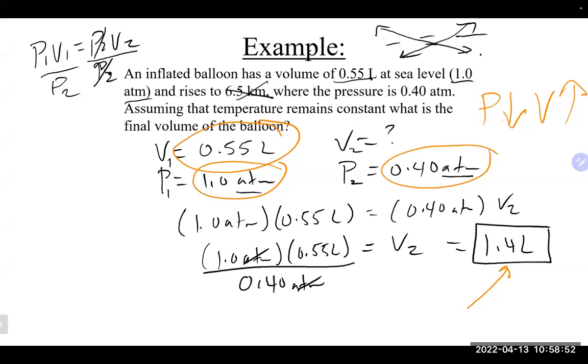How did I solve for V2? Is that what you're asking? Yeah, so we had P1V1 equals P2V2. In this case, we pretty much had that one and that one. We wanted to solve for this one, and typically whatever you're solving for needs to be by itself on top.